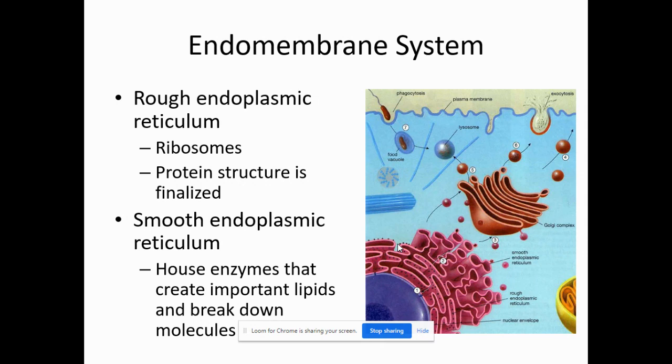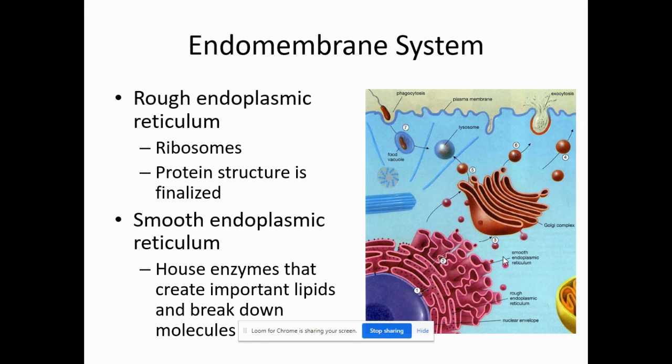Then you have the smooth ER. So you have the rough ER here and the smooth ER here. As you can see, they have a direct connection to the nucleus that you see here. The smooth endoplasmic reticulum does not have ribosomes attached to it. That's why it has a smooth appearance.